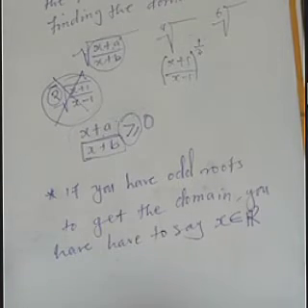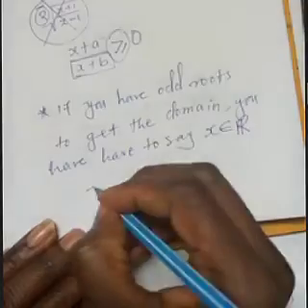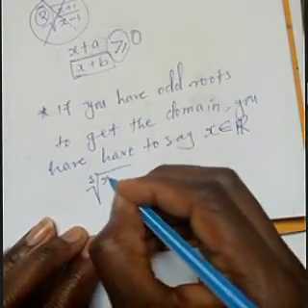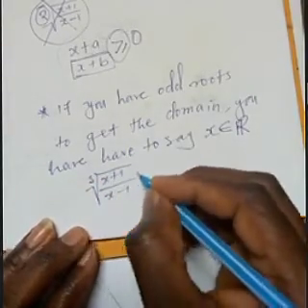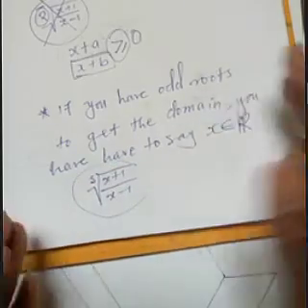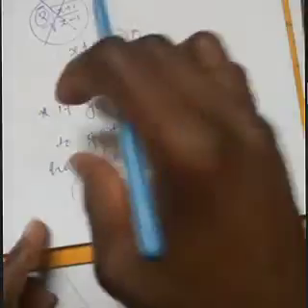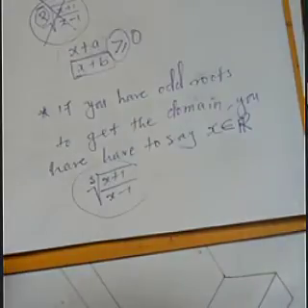If you're having an odd root, you can have something like this: 3 here, and you have x plus 1 over x minus 1. No need to equate to greater than or less than. Just say all the values of x must be members of the real numbers. I'll give you an example on the even root, because for odd root, it's very rare to be asked a question.